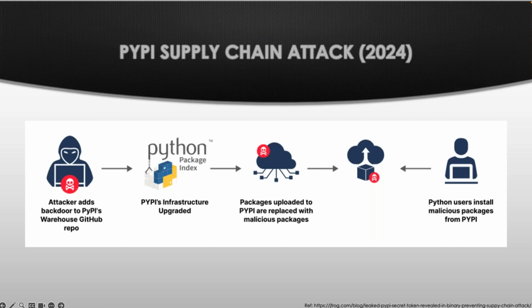So how does it work? The attacker adds a backdoor to a PyPI repository on GitHub. They gain access to the GitHub, or as a member of the developers, inject some code there, and it has been approved and merged to the mainstream branch.